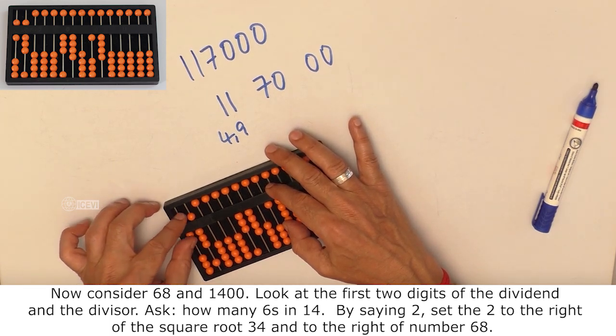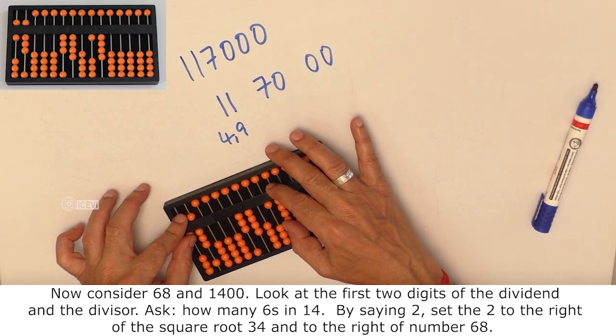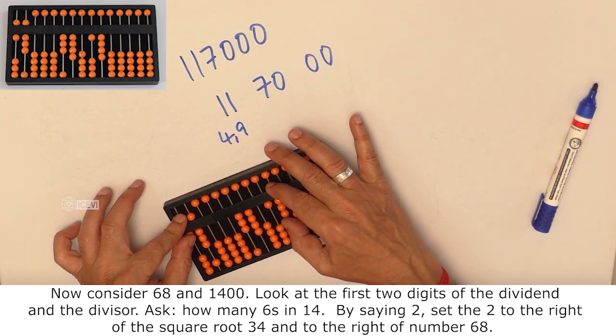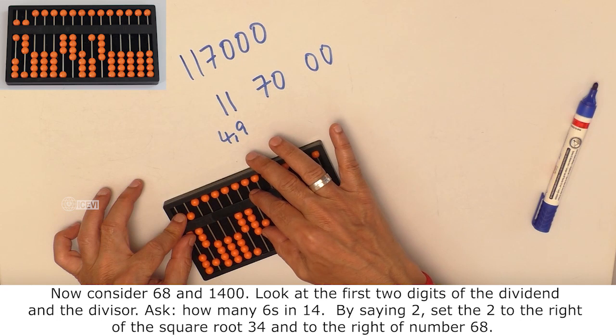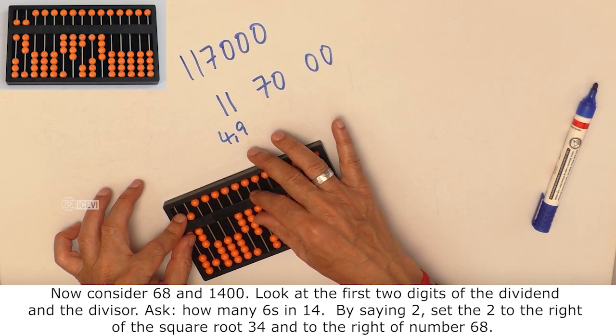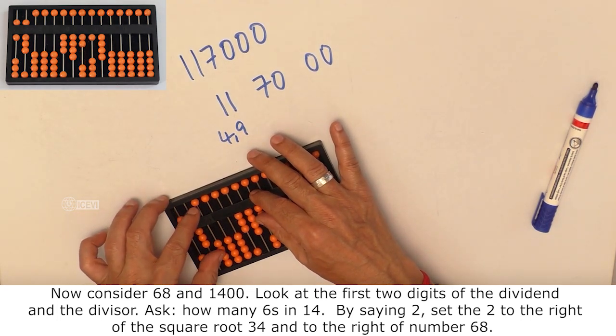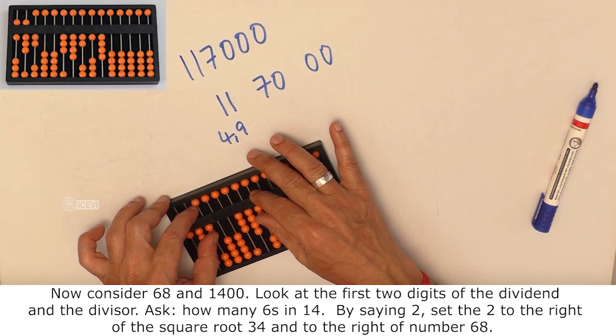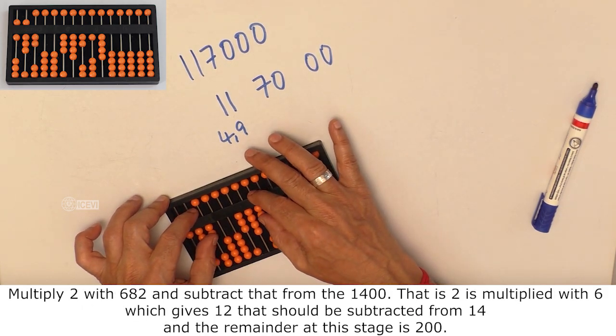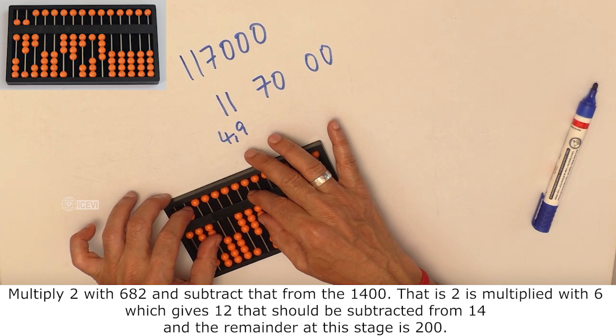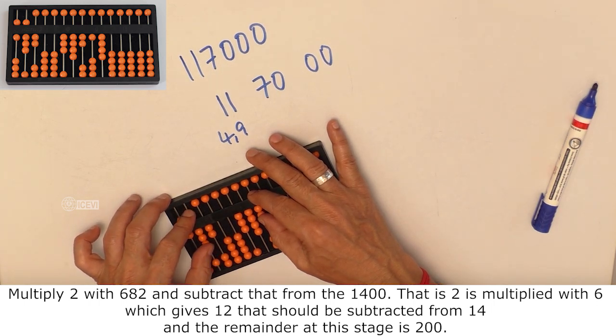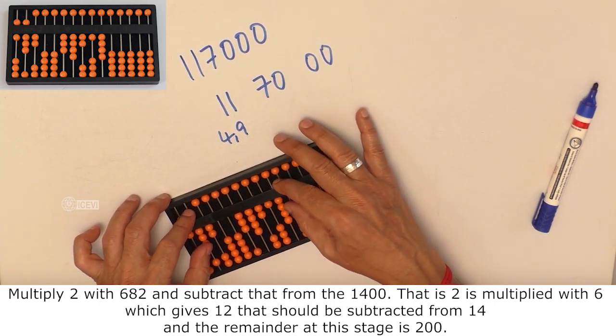Ask how many 6s in 14 by saying 2. Set the 2 to the right side of the square root 34 and to the right side of 68.